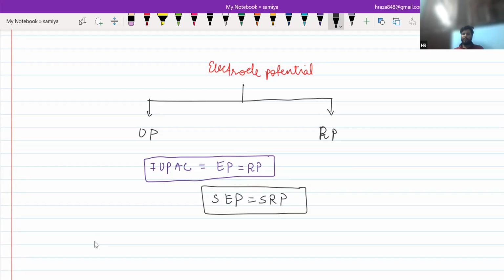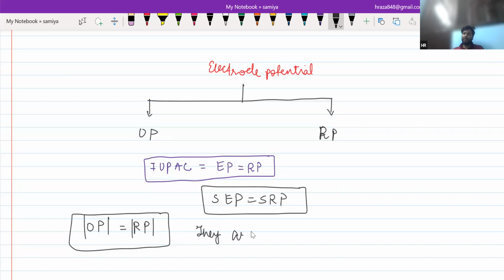Now you have to remember one thing: oxidation potential is numerically equal to reduction potential. Numerically they are equal because the potential to lose an electron will be equal to the potential to gain an electron, but they are opposite in sign.